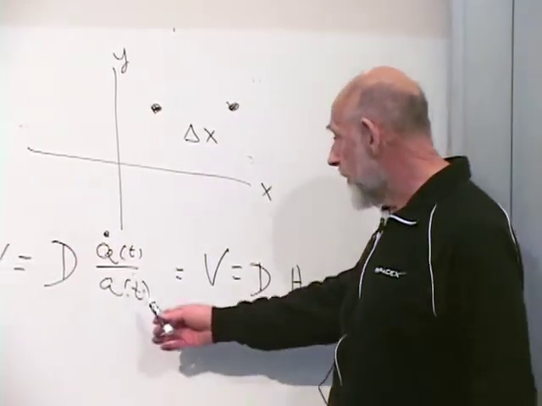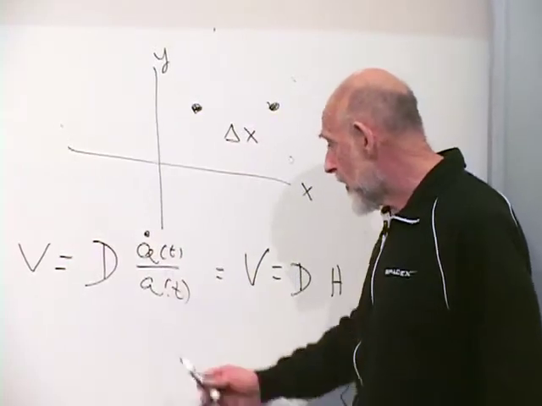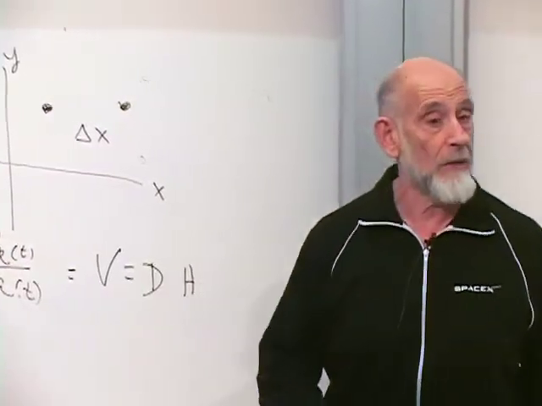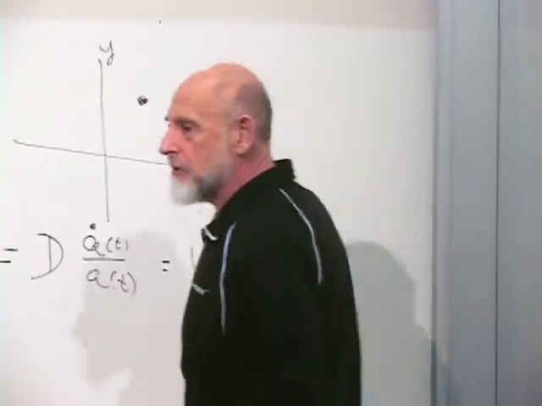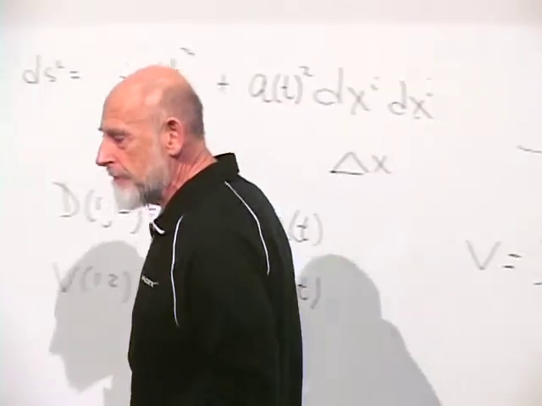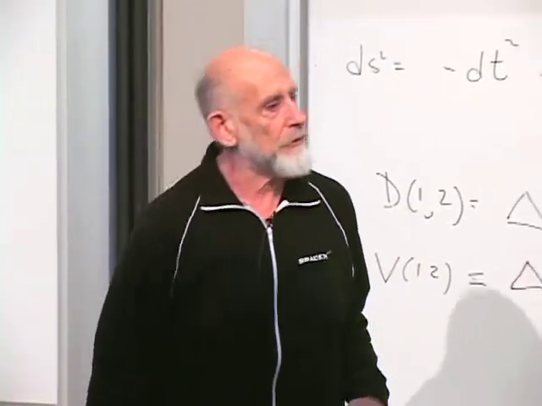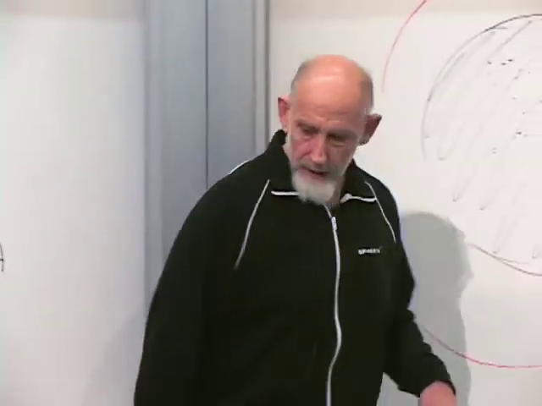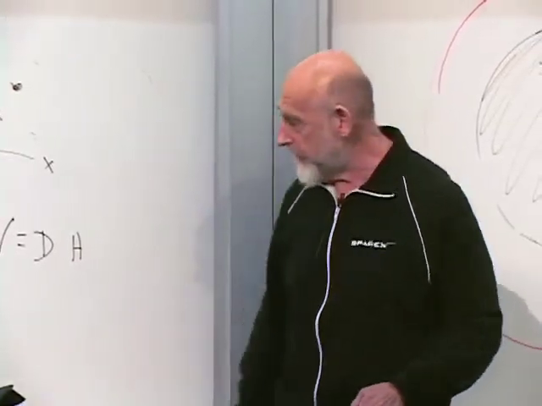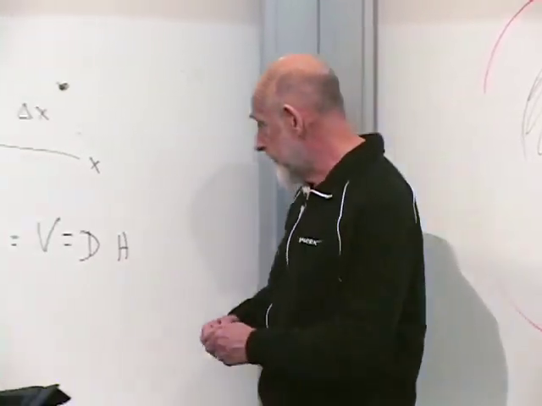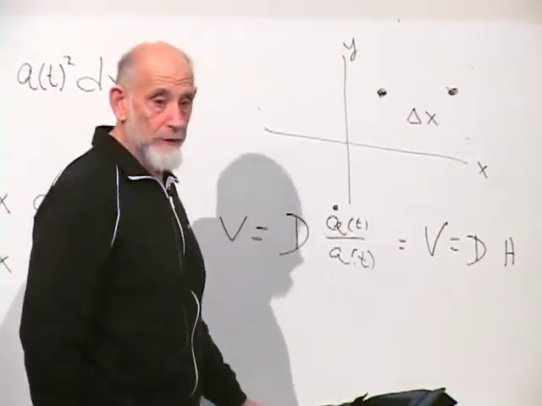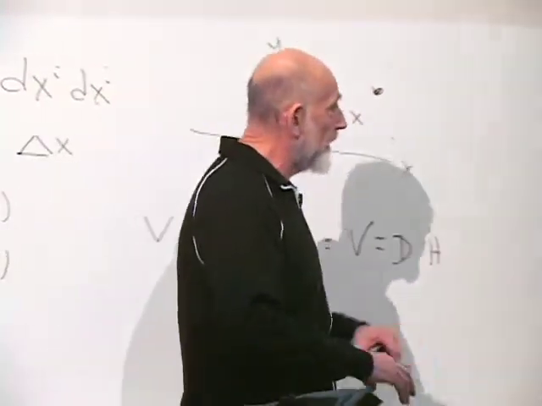And the ratio between velocity and distance is given by a dot over a, which doesn't depend on position, but does depend on time. So the Hubble constant is kind of a little bit of a misnomer. It's certainly not constant with respect to time in general, but it is independent of the pair of points that you're talking about. This, of course, is Hubble's law of expansion.